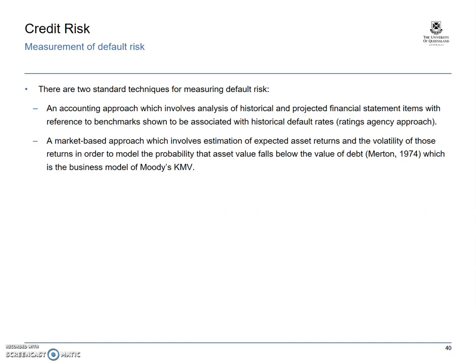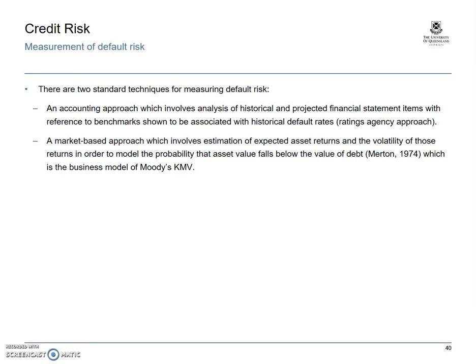So there's two main standard techniques for measuring default risk. The first is an accounting approach, which involves the analysis of historical and projected financial statement items with reference to benchmarks shown to be associated with historical default rates. And that's primarily the approach used by most of the rating agencies, such as S&P, Standard & Poor's, Moody's or Fitch.